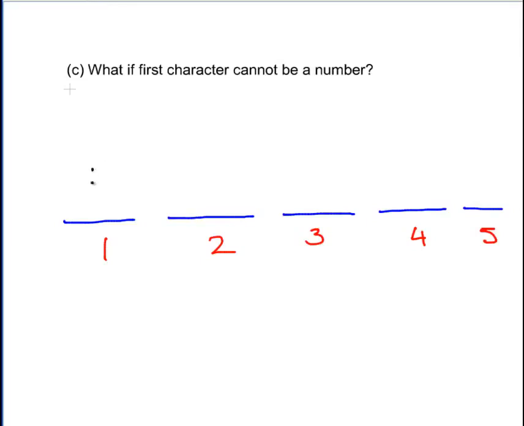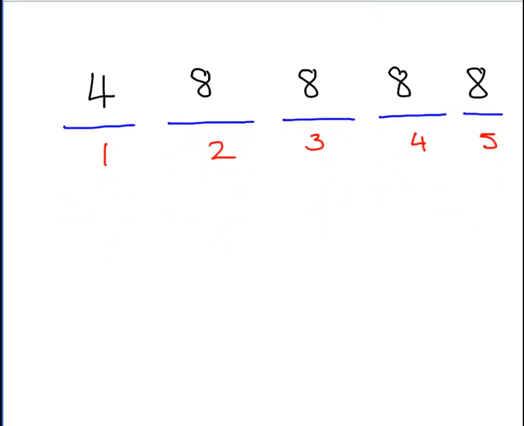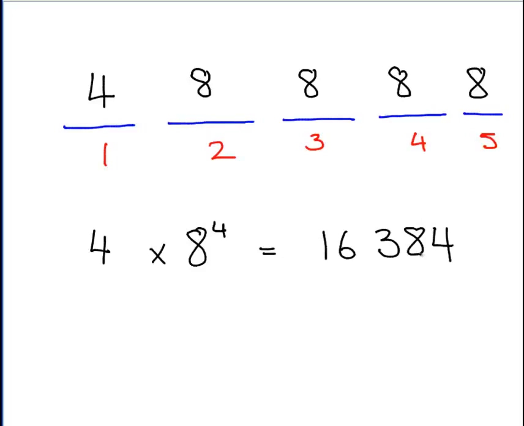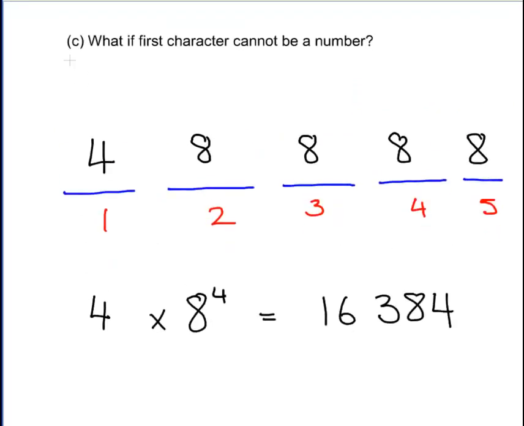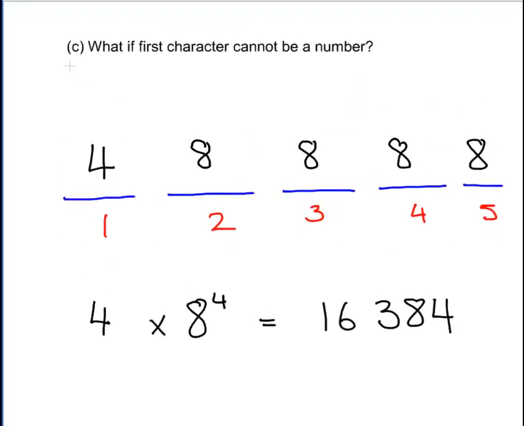So we have 4 options there, and 8 for every other position. So 4 times 8 to the power of 4, that is 16,384. That's good, and I'll just move on from that.